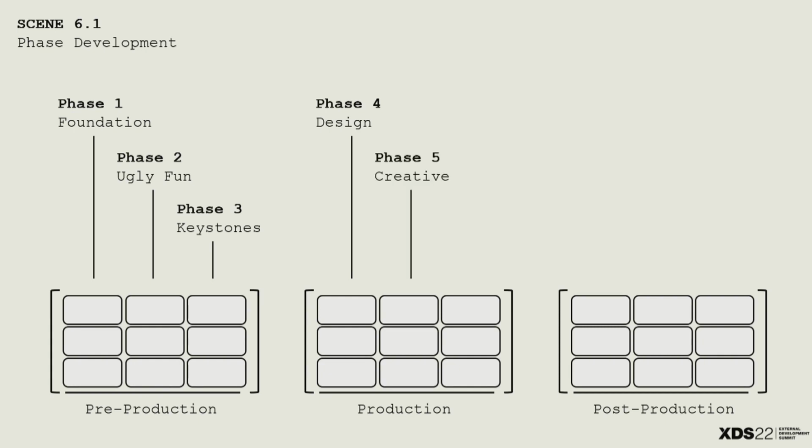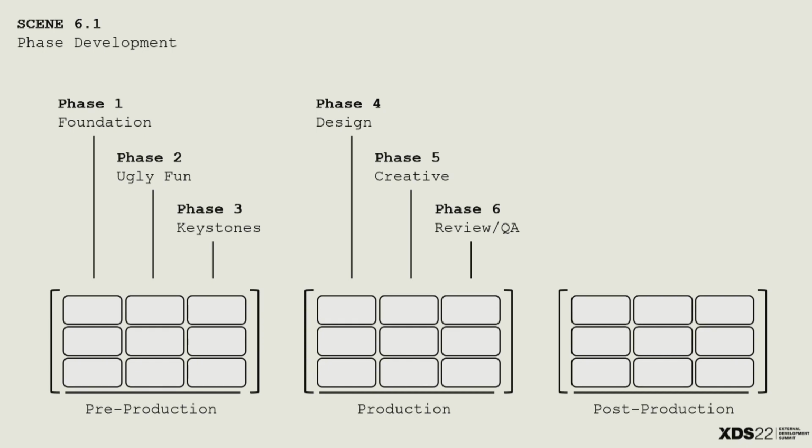So creative, this is just the same. We are arting up a level in creative. We are getting every environment asset, every character asset, VFX, audio, locked in for every single level. And then we review and we QA. This is the game. So this is the shoot. This is where we have all that risk.